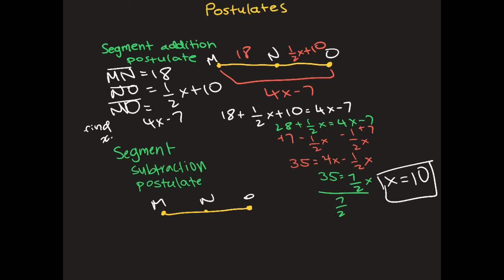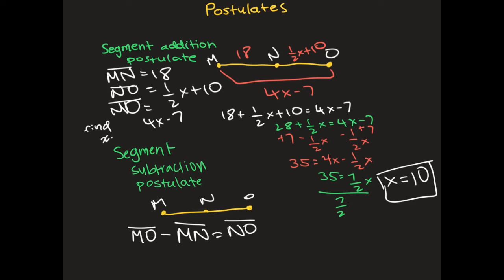You're given MO, and you're given MN and NO. So you do MO minus MN, and that will give you NO. And it works vice versa, so MO minus NO gives you MN.